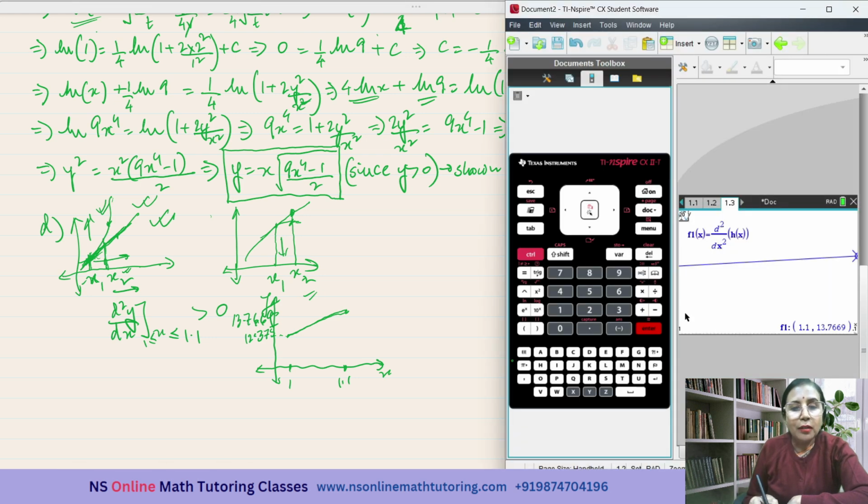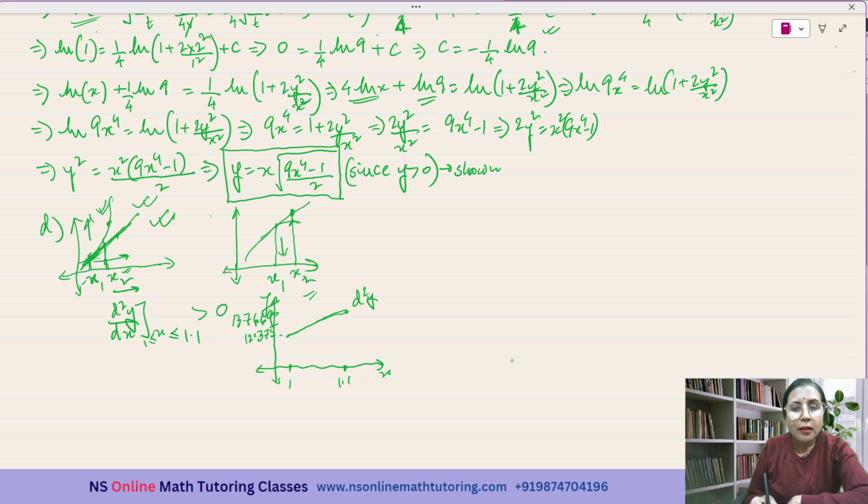Okay. So this is the d2y by dx square graph. So you are seeing that it is greater than 0. And if the second derivative is greater than 0, that means the curve is concave up.